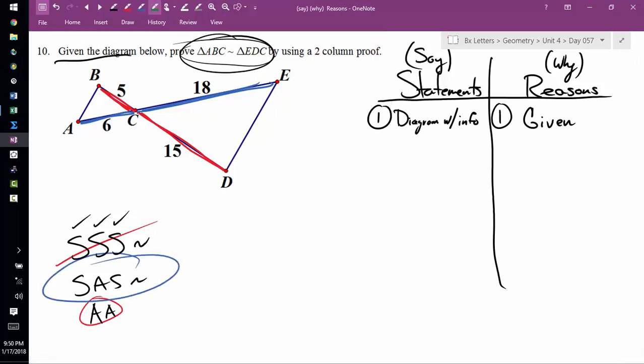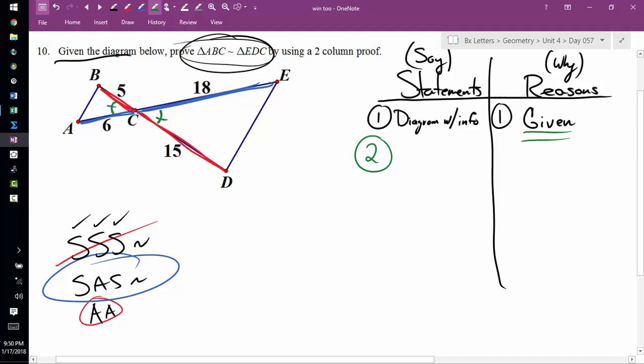And you can kind of already see this angle in between, even though they don't tell us that those angles are congruent, even though they don't give it to us, I can make that statement. I can say angle BCA must be congruent to angle DCE.